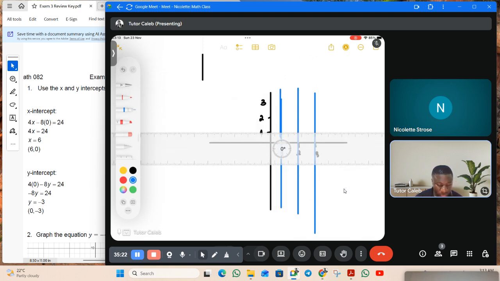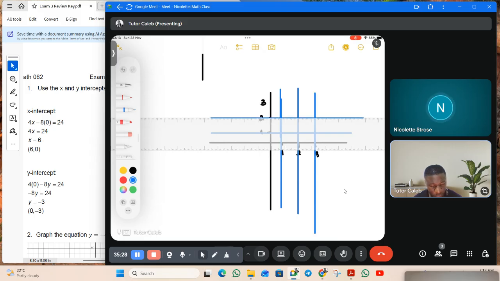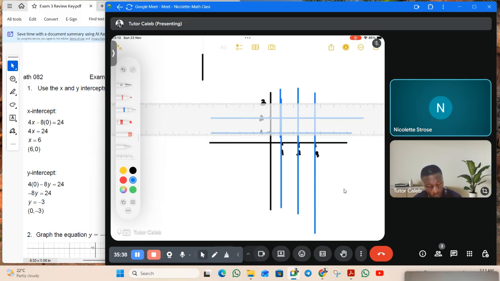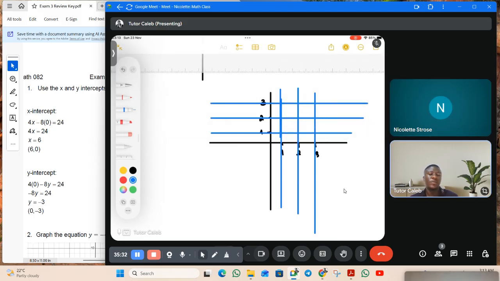Now, the blue lines should, in your mind, be just lines that are on your graph paper, okay? Now, let's say your graph paper is in blue. Now, if I put a point here in red, can you see my point in red?